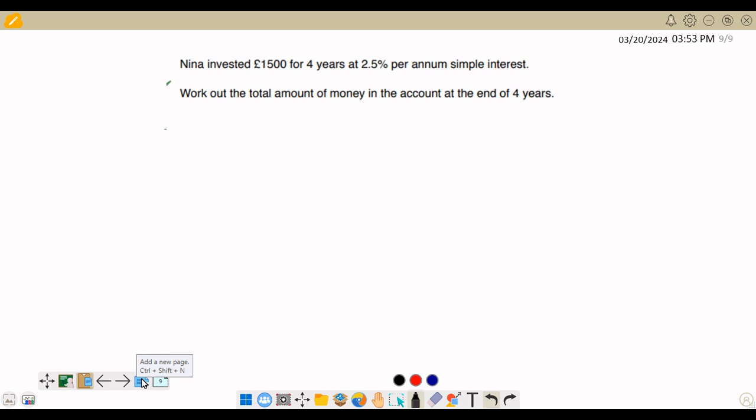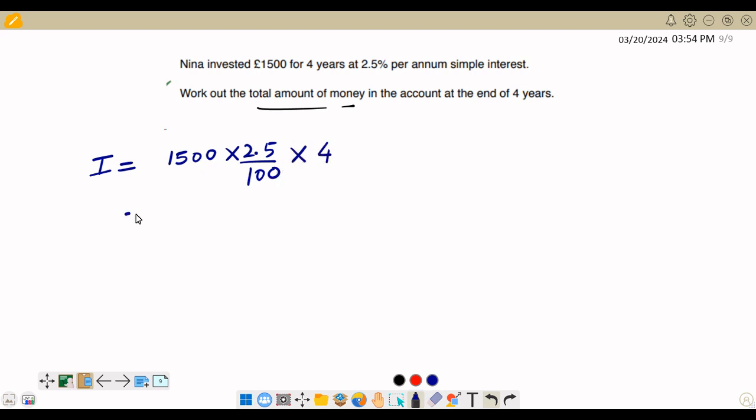Next question. Nina invested 1,500 for 4 years at 2.5% interest per year. We have to calculate the total amount of money. First I get I, which equals P times R, 2.5 divided by 100 because it's a percentage, times 4. When I simplify, it's 15 times 2.5 times 4, so 15 times 10, which is 150 pounds.